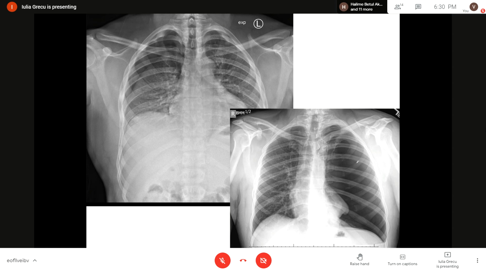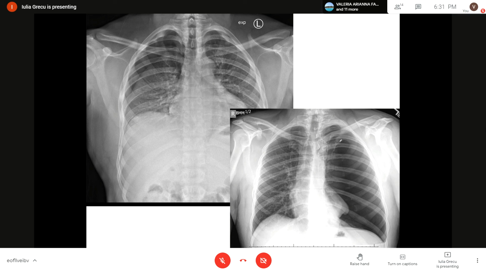And keep in mind that this aspect is a major emergency, because the effect of the completely collapsed lung on the hilum, together with the shift of the cardiac cavities, can compromise the venous flow return and can rapidly go into cardiorespiratory arrest.